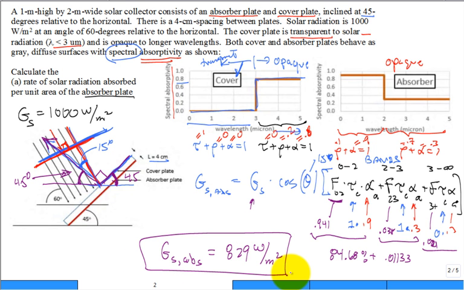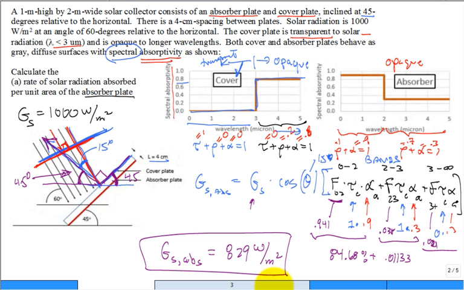So roughly 83% that impinges, gets absorbed. Well, that's now expressed per unit area of the absorber. Isn't that the per unit area of the absorber plate? Yeah. All right. Well, that's part A.